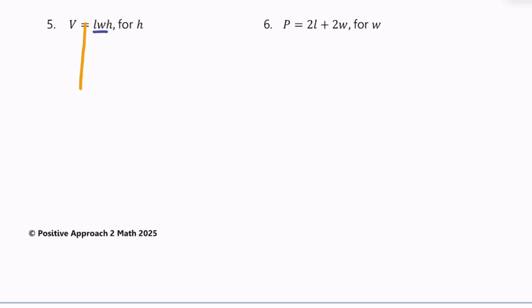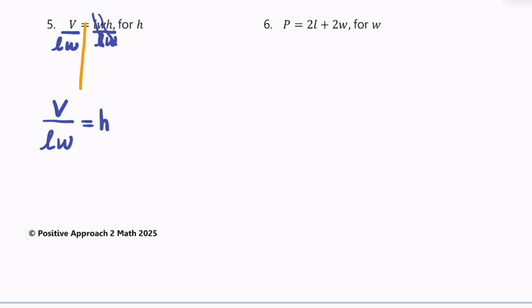The opposite of multiplying by L is to divide by L. The opposite of multiplying by W is to divide by W. And we can do that on both sides. I make my L's cursive so they don't look like a 1. And that's going to cancel those L's and cancel that W and leave us just with H. Looks a little bit different having our isolated variable on the right, but that's how we would do that.